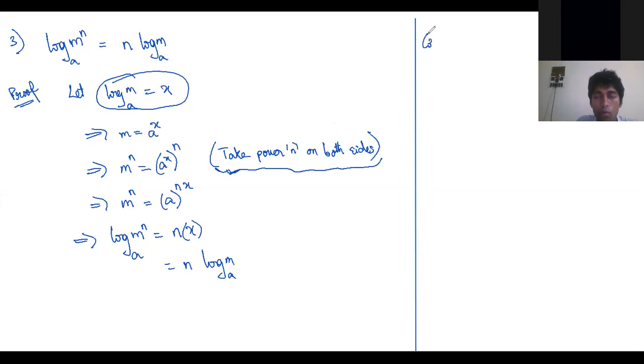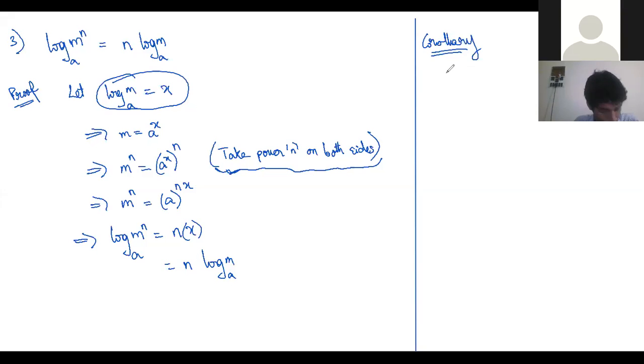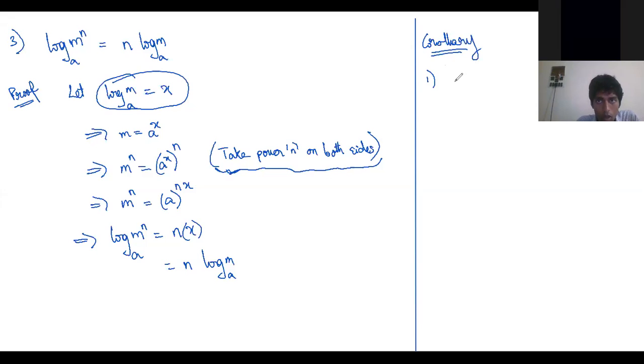So there are more corollaries for this theorem also, and they're very important. Just like we had a corollary for the first theorem, we have a corollary for this theorem also. What is the corollary? a power log x to the base a is equal to x.